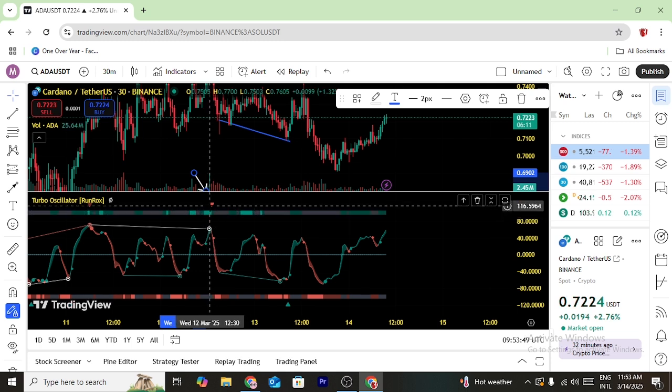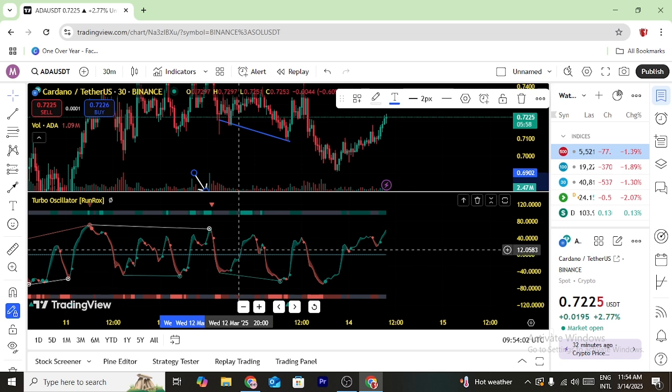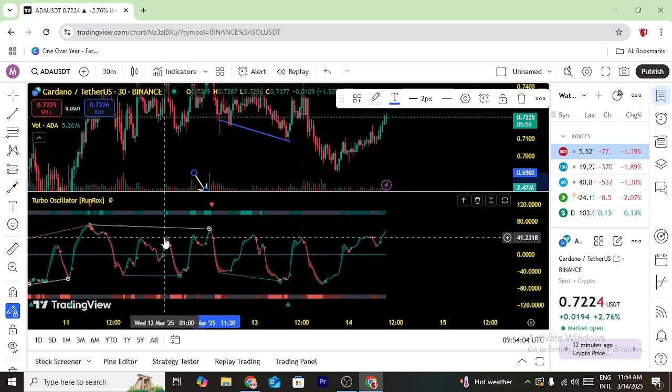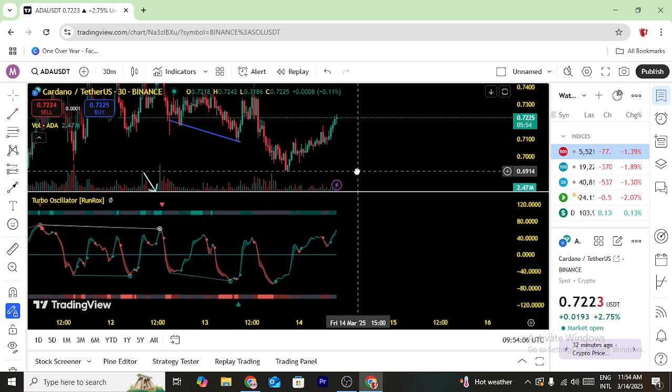But when we see this red icon, that means the market is going to reverse. So if we enter as a seller, we can make a profit. Same as like that, you can understand it in a better way.